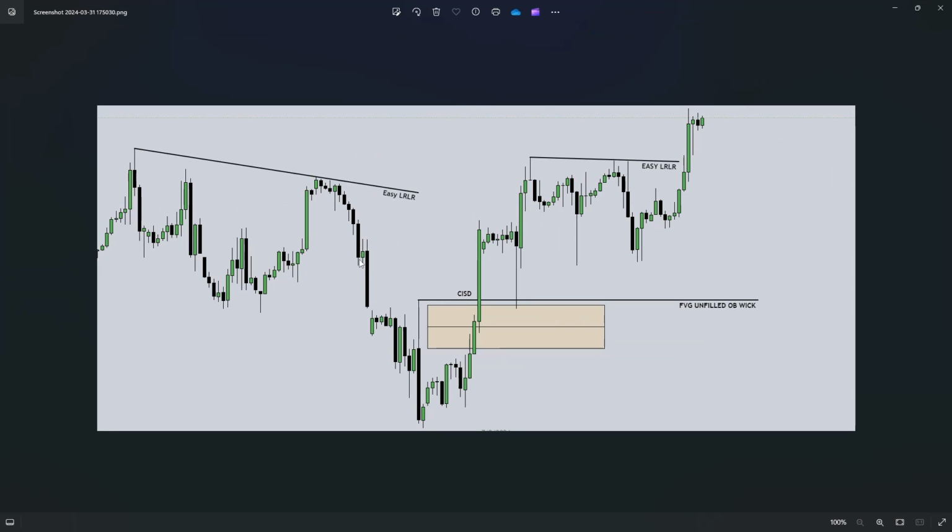In our next example, you see here we have our CISD. It leaves a fair value gap unfilled, right? We accumulate, sweep range low, use the wick, take out the easy low resistance liquidity. So if you put this in a 15-minute time frame, this could be your stop raid into a high time frame 15-minute fair value gap.